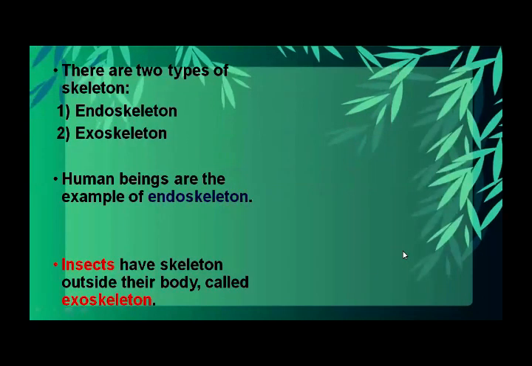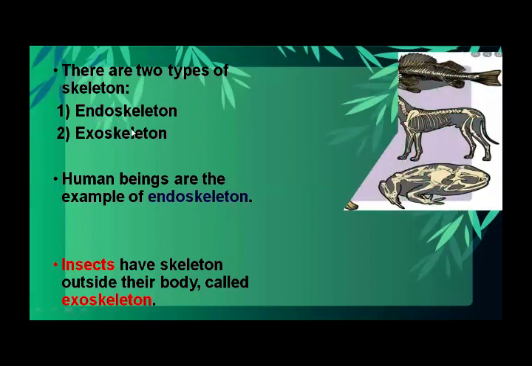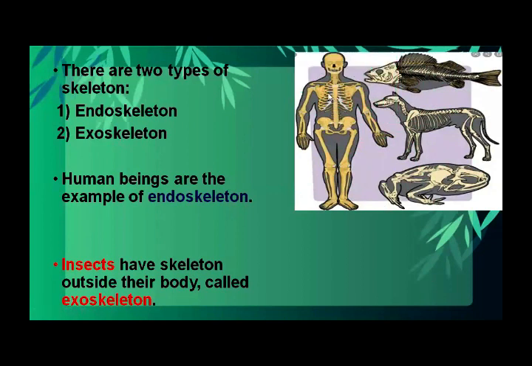Now, there are two types of skeleton: endoskeleton and exoskeleton. What is endoskeleton? Endo means inside. Those animals who have a skeleton inside their body are examples of endoskeleton.